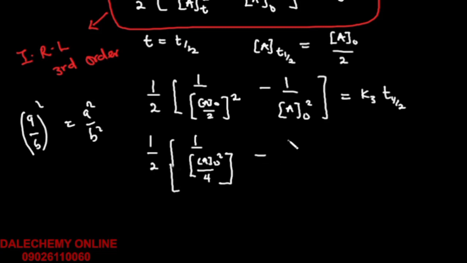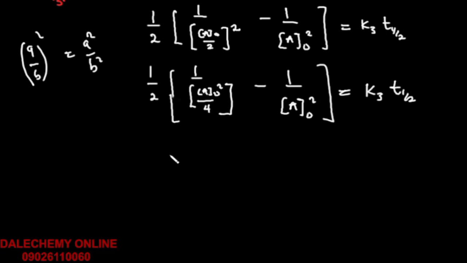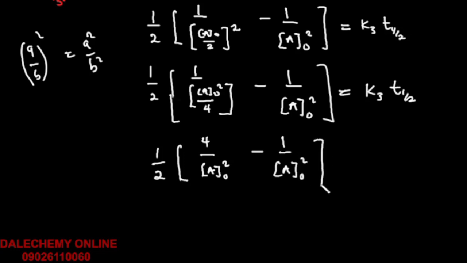All right, the minus 1 over a naught square equal k3 t half. So we have 1 over 2. Now this will become 4 over a naught square minus 1 over a naught square. So you just take the inverse and we have this equal k3 t half.